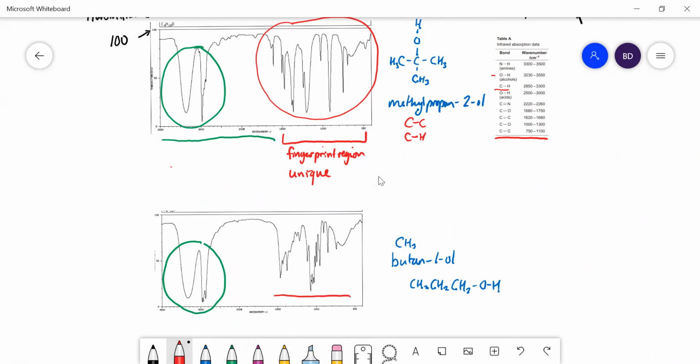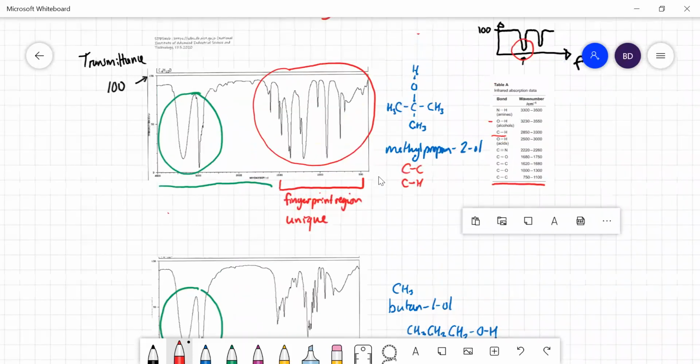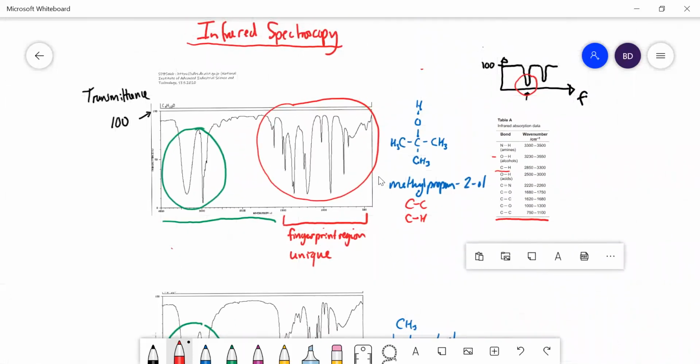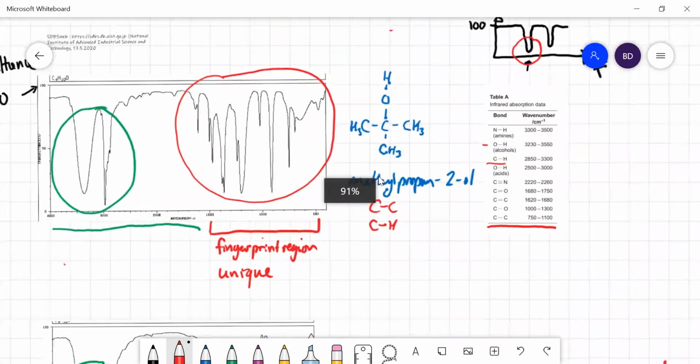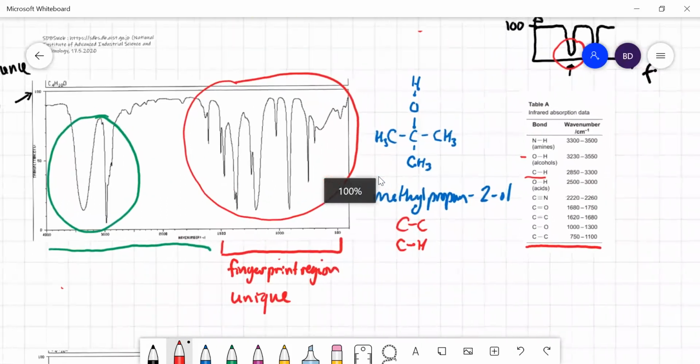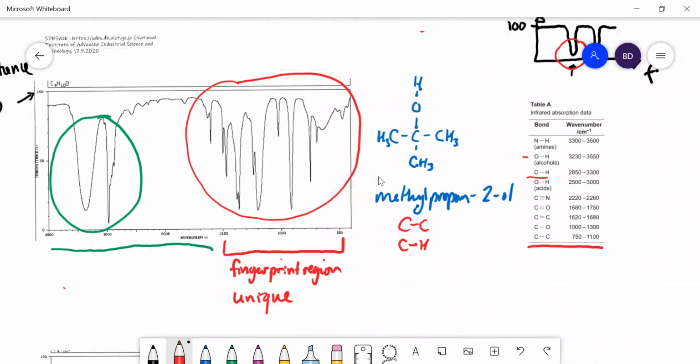Right, let's have a look at some of these values which AQA have given you. To be perfectly honest, it's a little bit more trouble than it's worth, because you tend to spot these functional groups not really by looking at the wave numbers, but by the shape of them. There's not many to learn, and very quickly you'll learn to recognize which are which.